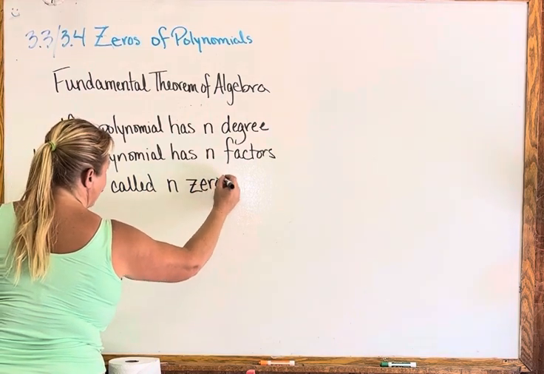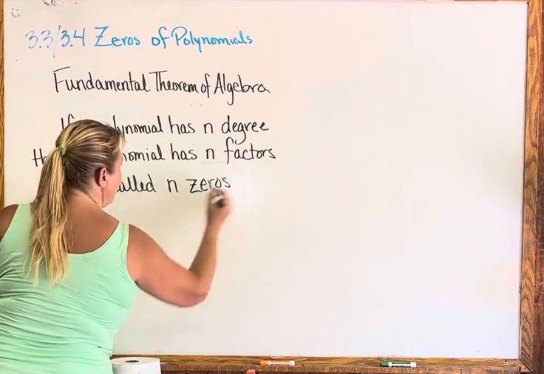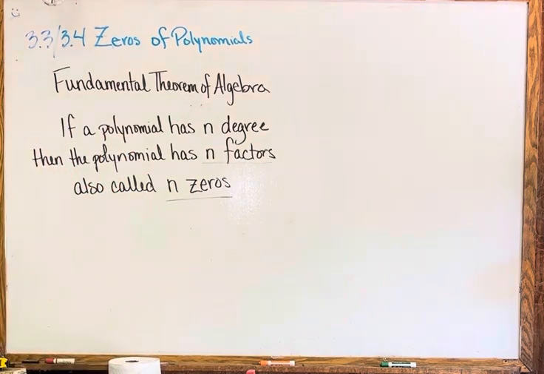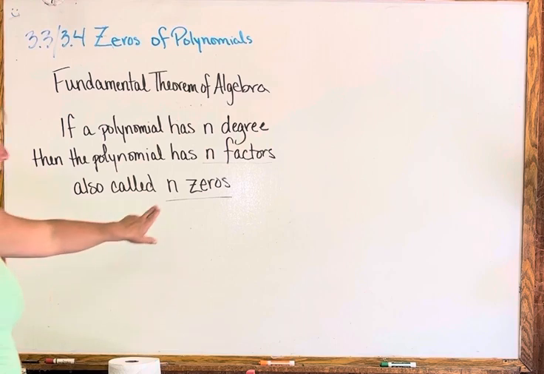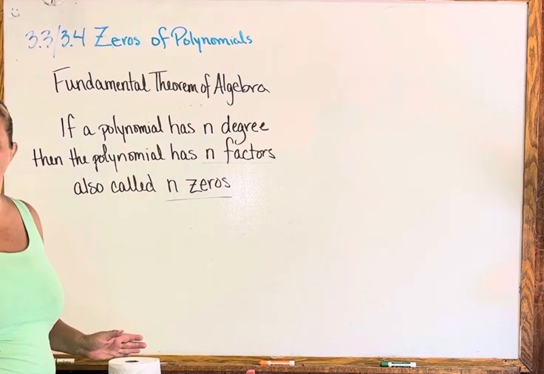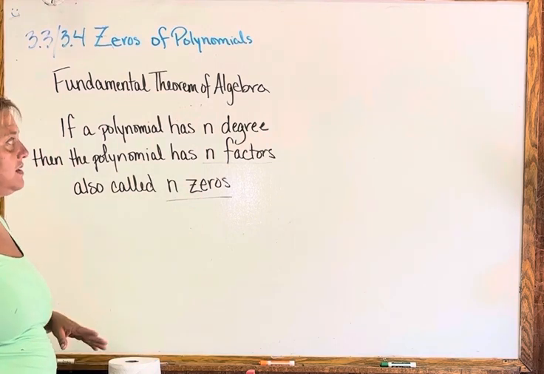We'll see why that's the case in a little minute. So when I give you a quadratic equation with that x squared, so a degree of 2, there are 2 answers. There are no more than 2, there are no less than 2, there are exactly 2. When I give you a polynomial that has 82nd degree, that means there are 82 different factors to that polynomial, or 82 zeros. That's not something we're going to do, but that's the way this works.